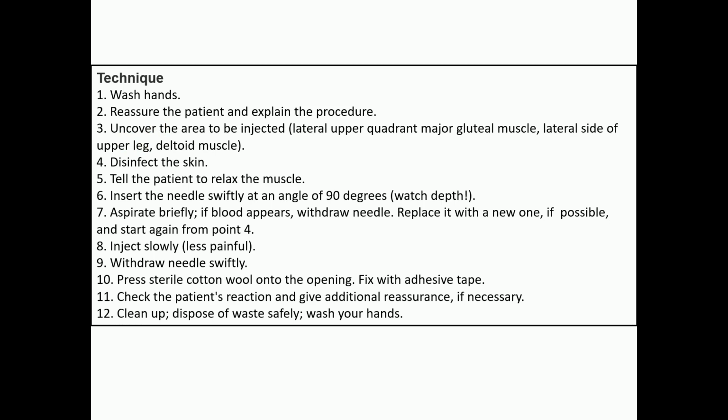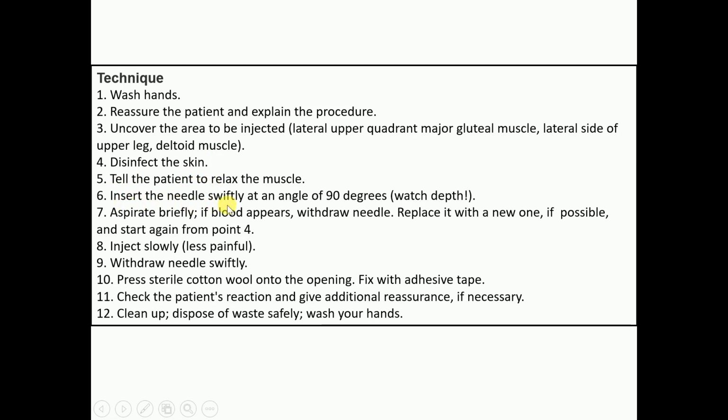Uncover the area to be injected, whether it is the lateral upper quadrant of the gluteus maximus muscle, the lateral side of the upper leg, or the deltoid muscle. Then disinfect the skin with spirit swab and tell the patient to relax the muscle.